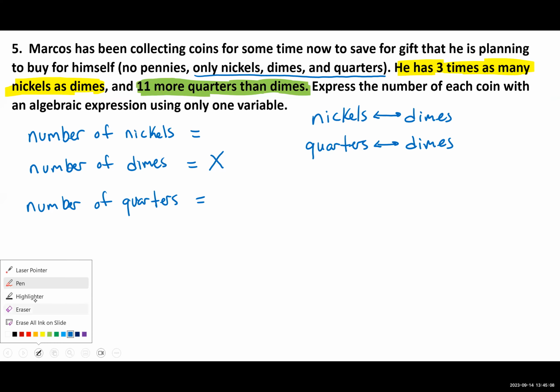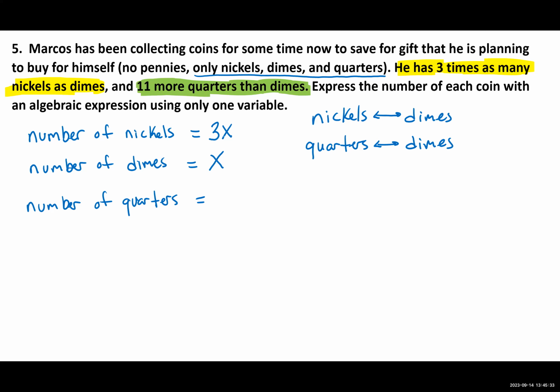So we could let our symbol that represents number of nickels be 3x. We don't want to use x, y, and z or n, q, and d. We don't want more than one variable. So if dimes is x, based on what we're given, nickels could be 3x.